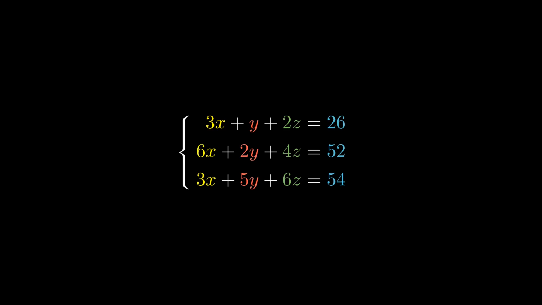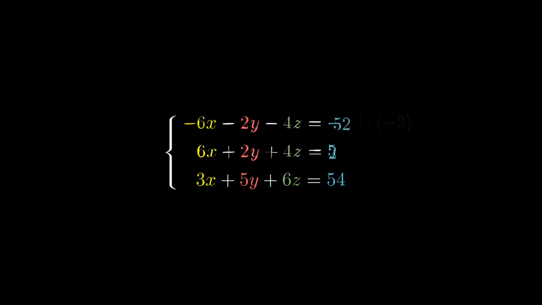If we try to eliminate the x term in it by scaling the first equation by -2 and adding it to the second equation, the whole equation would cancel out and we would be left with 0 equals 0. Whenever you end up with an equation like 0 equals 0 or x equals x, it means that the system of linear equations has infinitely many solutions.